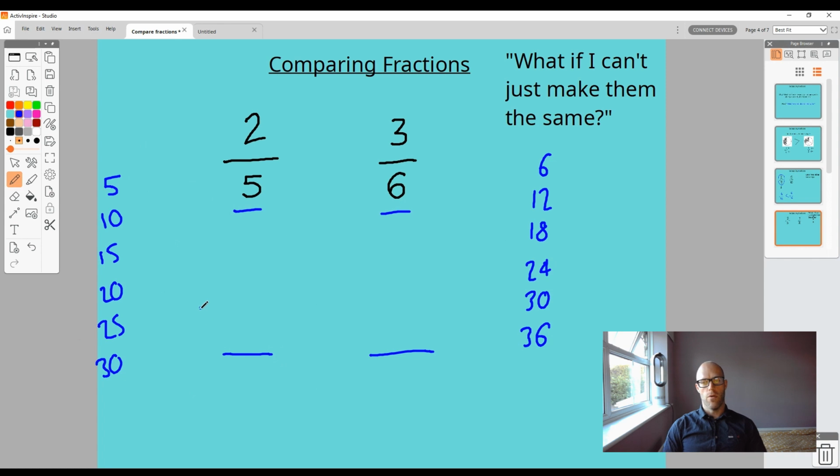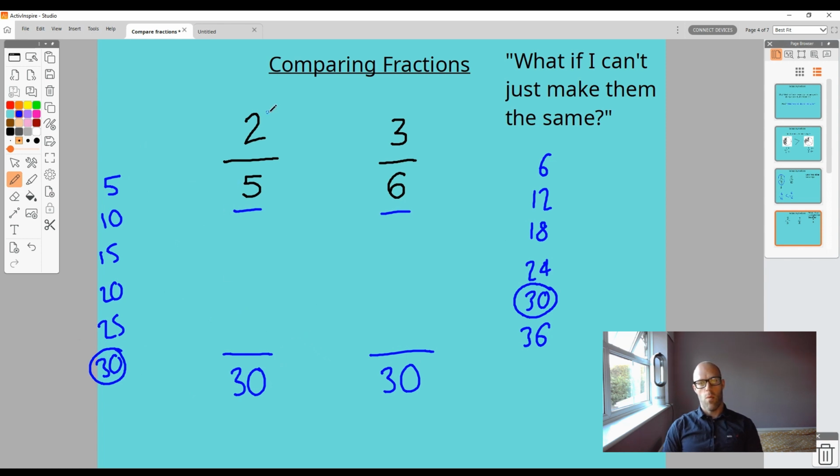And I'm looking for the lowest number that's in both of these lists. So I've highlighted 30 there and 30's in both. So I know that I can convert both of those to 30ths. It shouldn't take you too long on your toolkit lists to find a number that's in both. The lowest common denominator for both. The lowest common multiple, I should say.